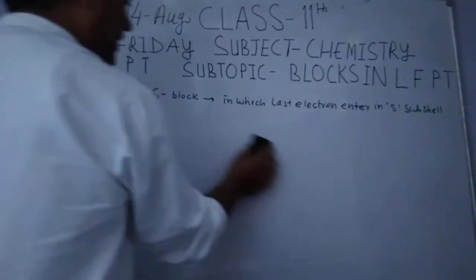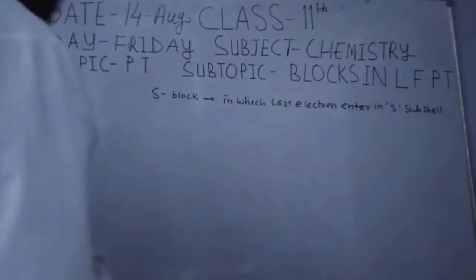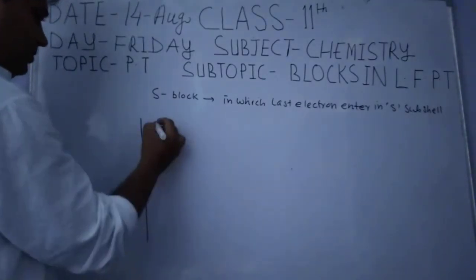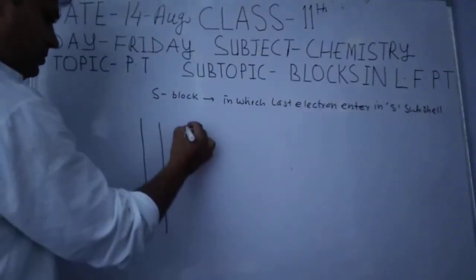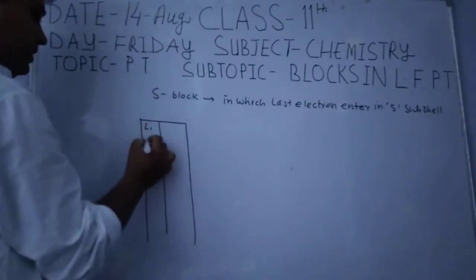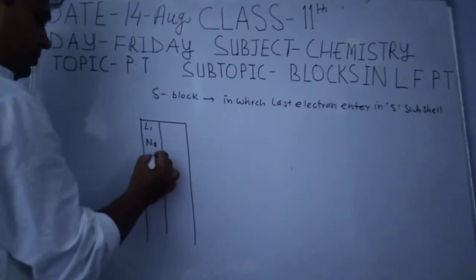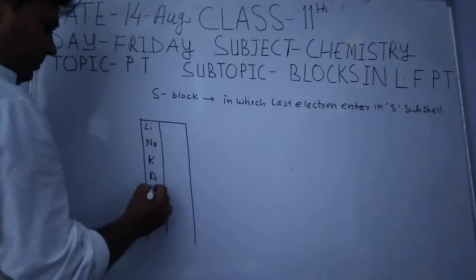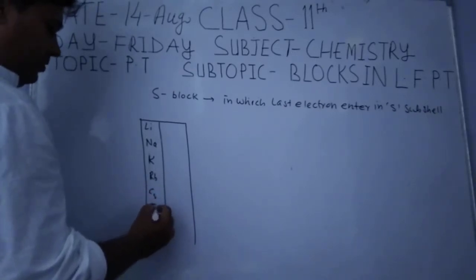S block elements. S block elements are this is lithium, sodium, potassium, rubidium, cesium and francium.